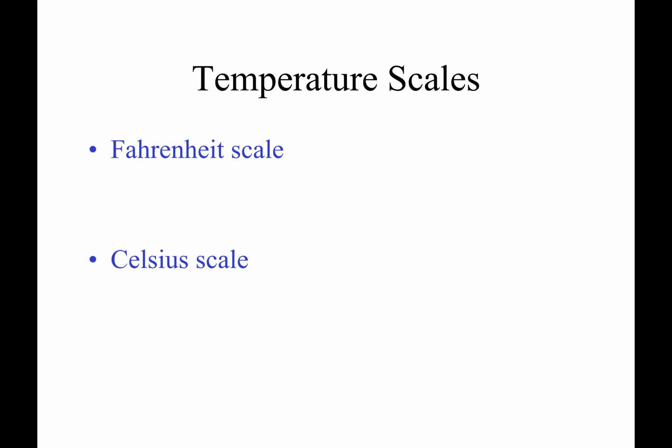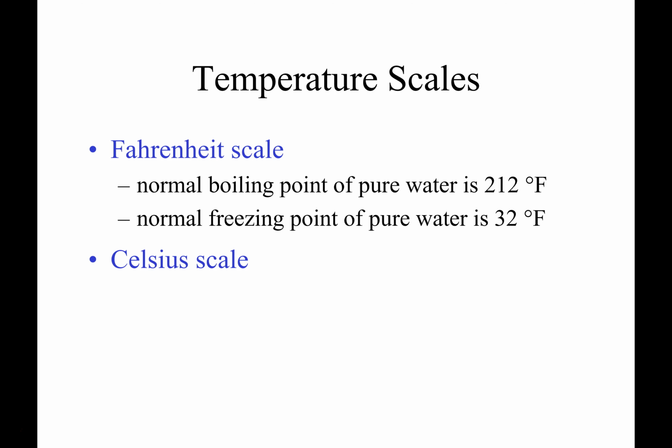So now we need to talk a little bit about temperature scales. These are the 2 temperature scales that if you're looking at weather.com, it asks what do you want to go with? And of course, the English is the Fahrenheit scale, and the metric is the Celsius scale.